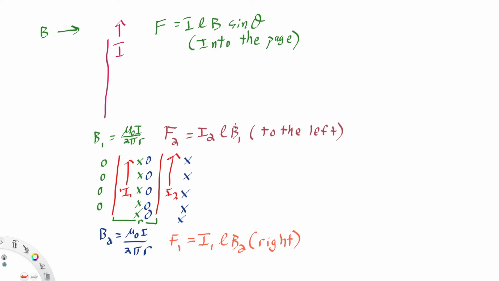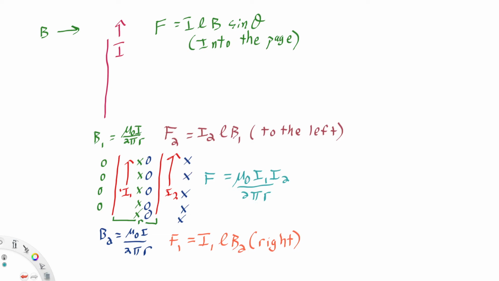Now let's plug in what we mean by B1 and B2 in these forces. So the force, right, B1 here is mu naught I1 over 2 pi r, and then there's also an I2 there. So this will be the force between two current carrying wires.